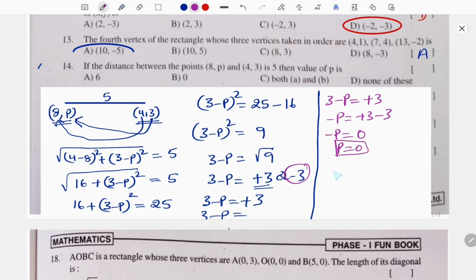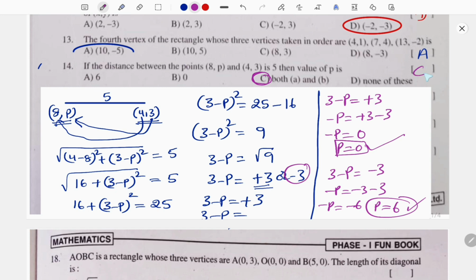Now we can do with minus 3. 3 minus p is equal to minus 3. Minus p is equal to minus 3 minus 3, so minus p is equal to minus 6 and p is equal to 6. Here what we get? p is equal to 0, p is equal to 6. So therefore the option is C, both A and B.